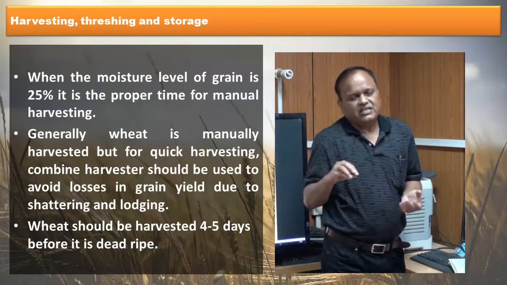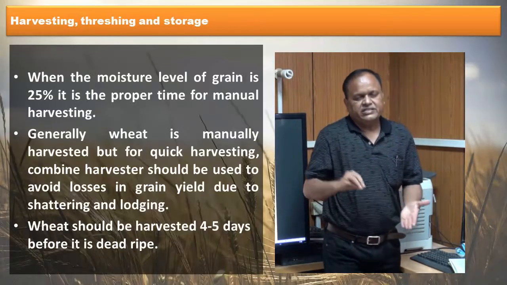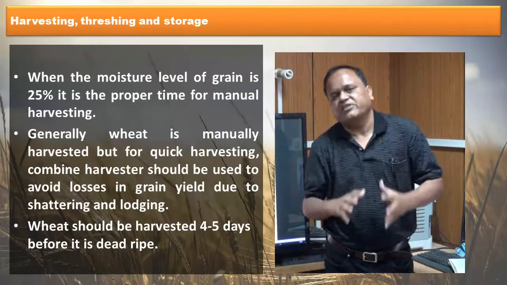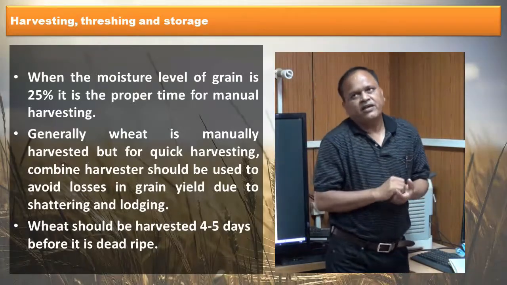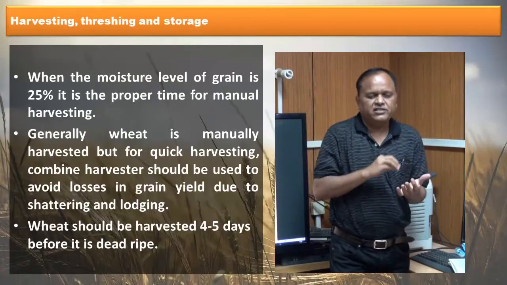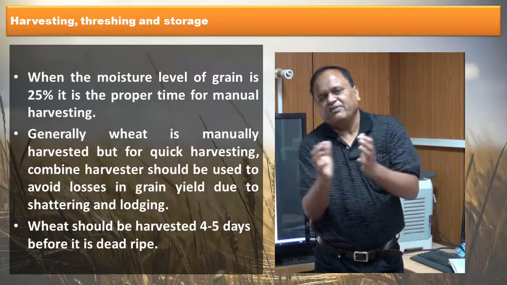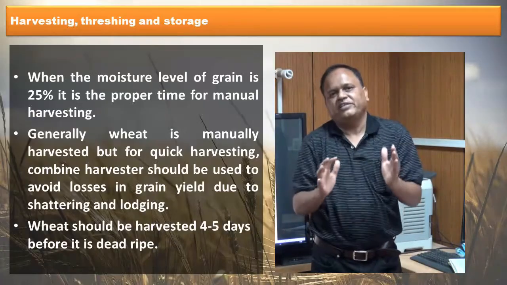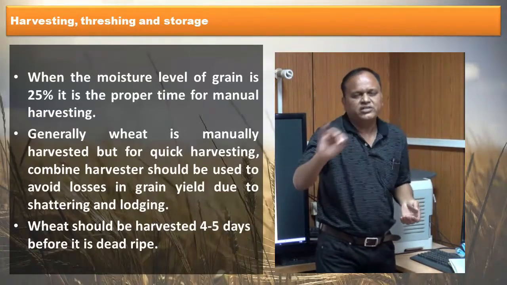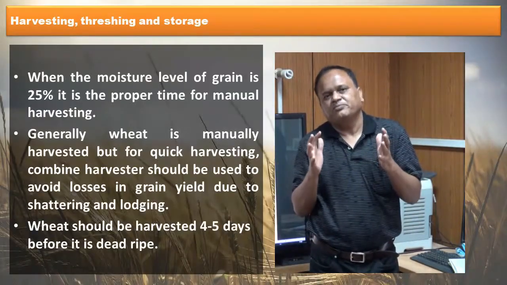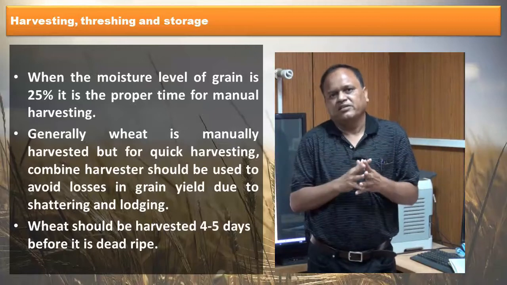Physiological maturity is the stage after which there is no addition of dry matter. It means that if the plant remains in the field after physiological maturity, there will be no further addition to the yield.